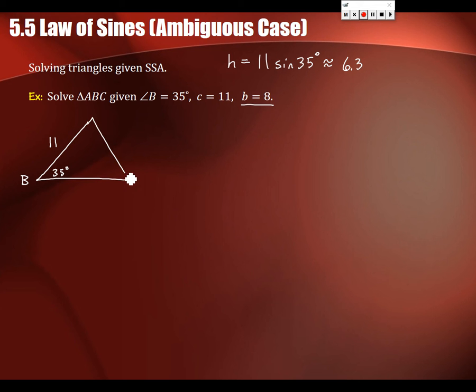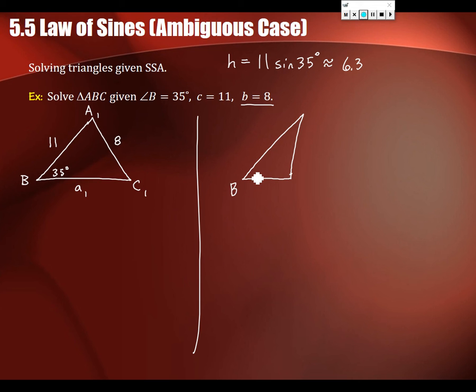So we'll draw in here the first version of this triangle. 8. I'm going to call this C1, and this angle up here, A1, and this side, little a1. But we know there's another triangle too, and we're going to solve both of them when asked to do it. To do this kind of problem, we're going to be asking you to solve both triangles.